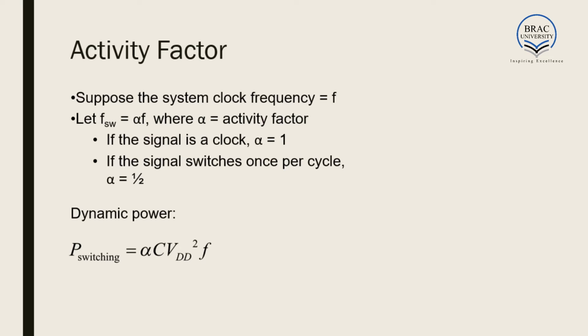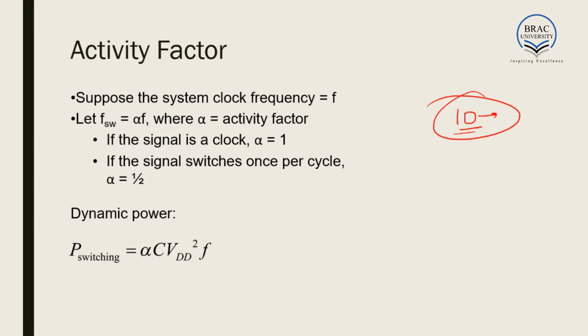Now, there is an important factor called activity factor. Suppose when we consider switching power as CVDD squared F, we are considering that all MOSFETs are switching at the same time. That is, if there are 10 MOSFETs, we are considering all the 10 of them are switching at the same time. But it can so happen that in a CMOS circuit, all the 10 MOSFETs might not switch.